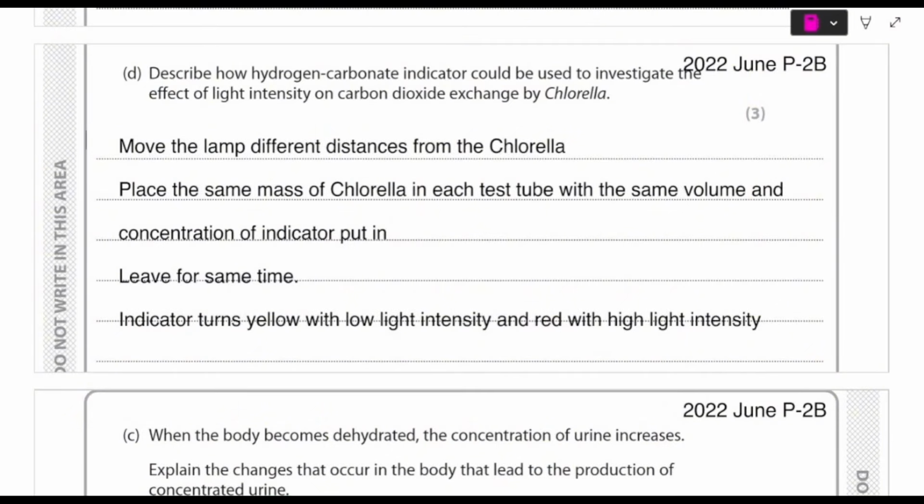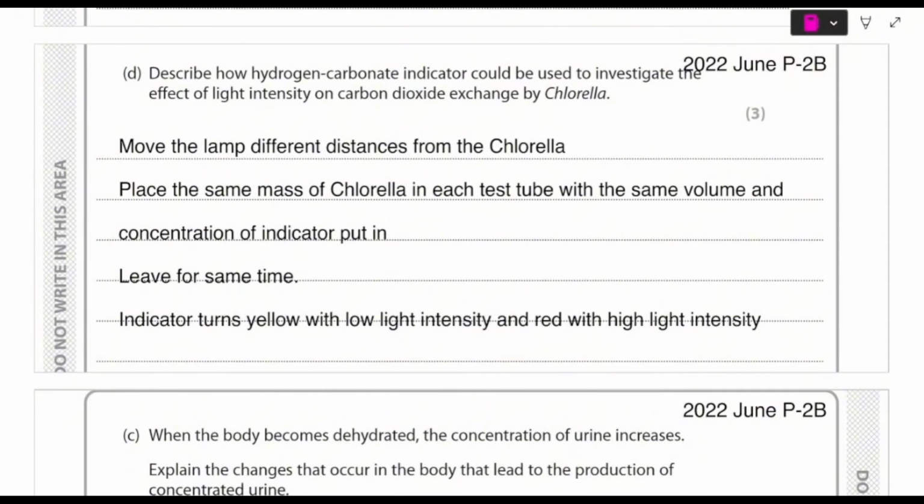So these are the indicators, but we have to describe how to do that. So we will move the lamp to different distances from chlorella so that we can change the light intensity. Then place the mass of chlorella in each test tube with the same volume and concentration of indicator, which is the hydrogen carbonate.